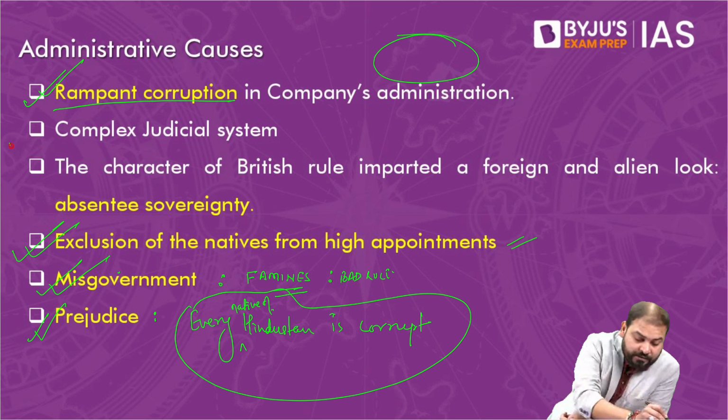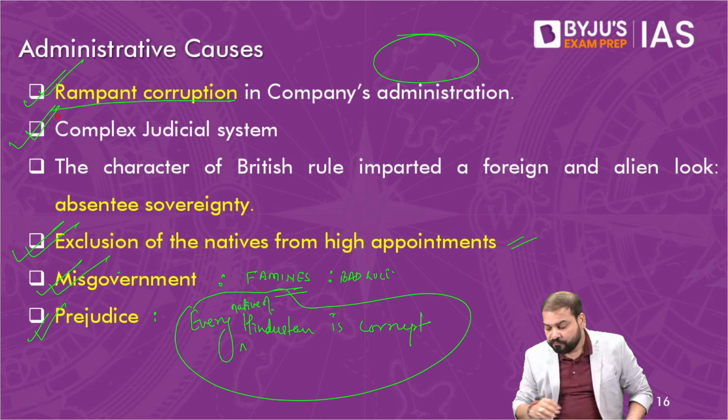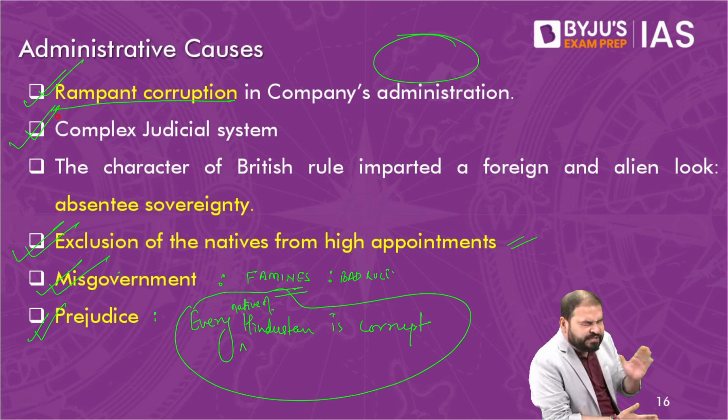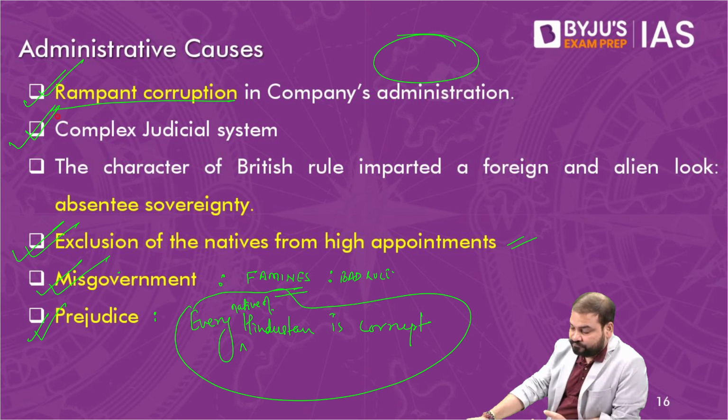Now, anyone, can you explain or understand, before I explain, the complex judicial system? All of you, do you have any idea about the complex judicial system? Good. Priyanka, good.